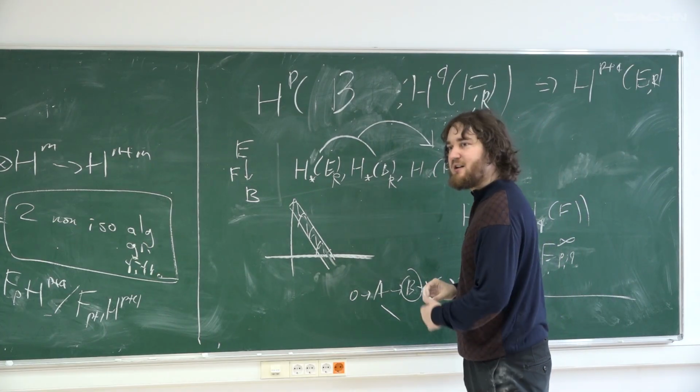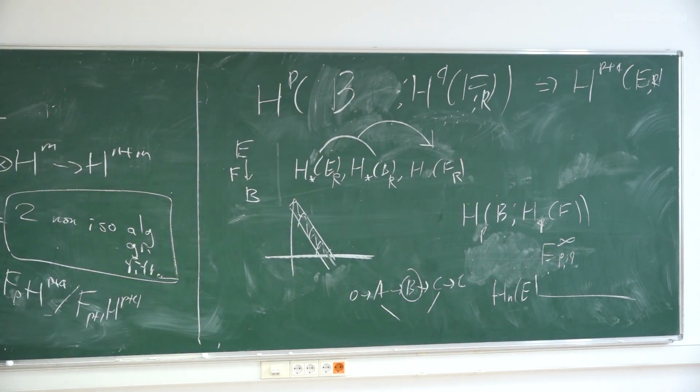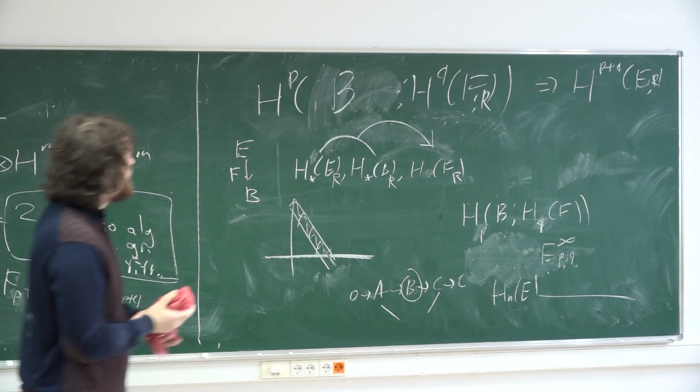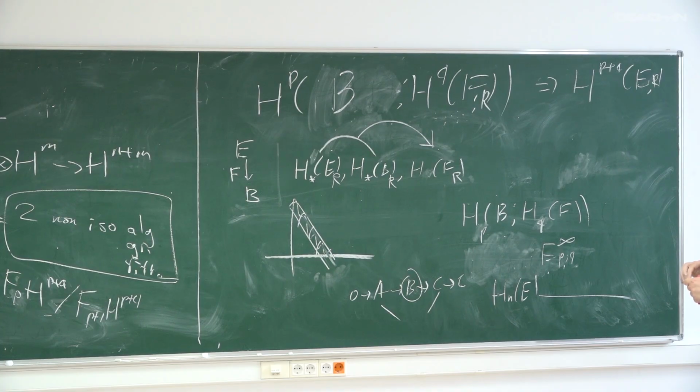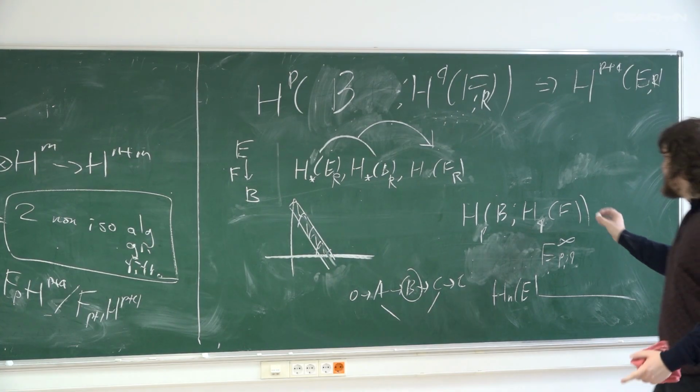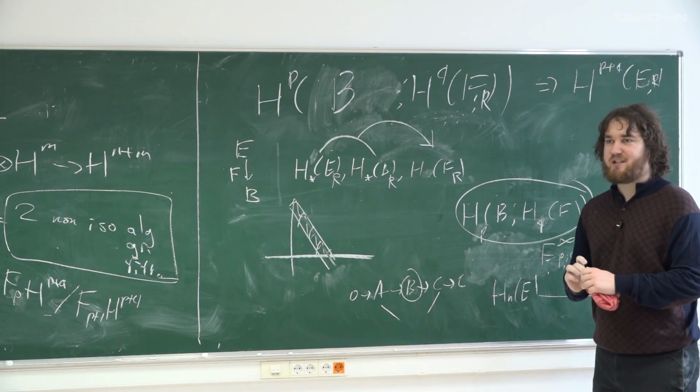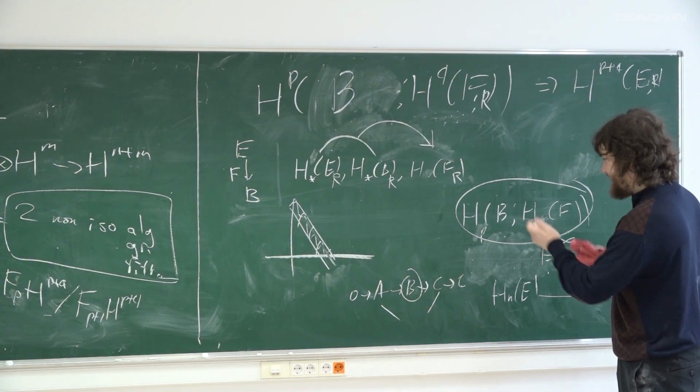Wait a second. So we used, in the first case, that H of F and H of B are finitely generated, and then this thing is finitely generated over Noetherian rings. Check this, and then we have the spectral sequence.